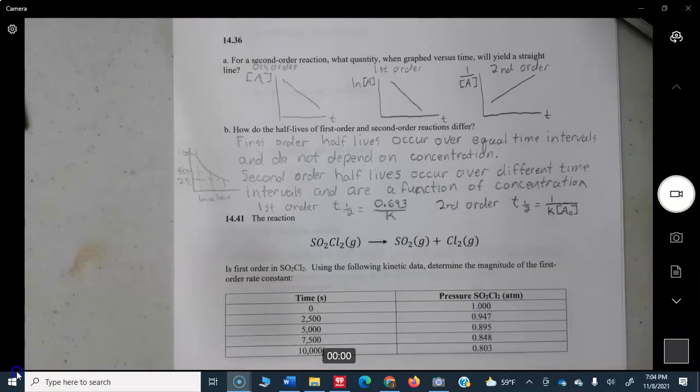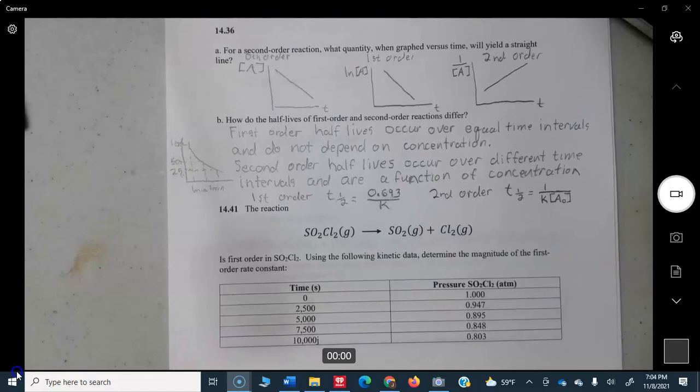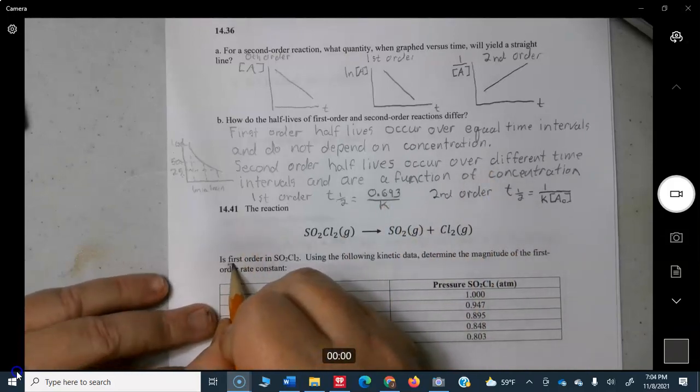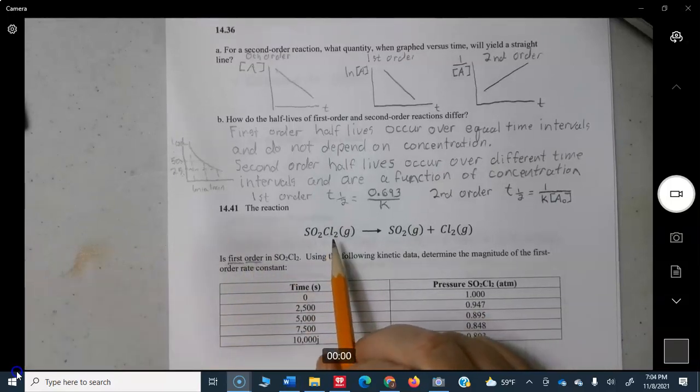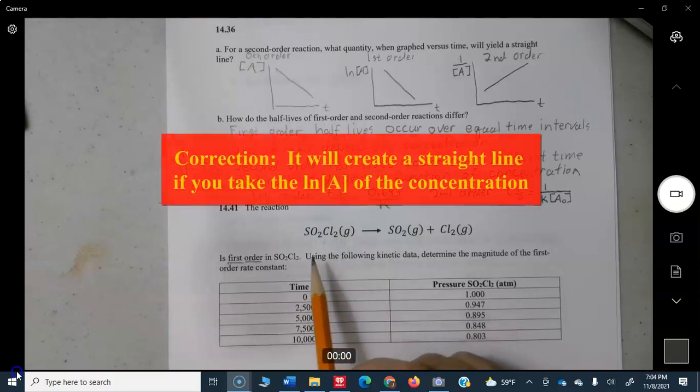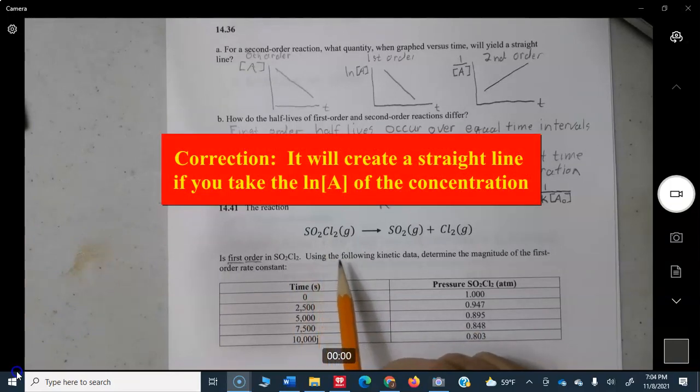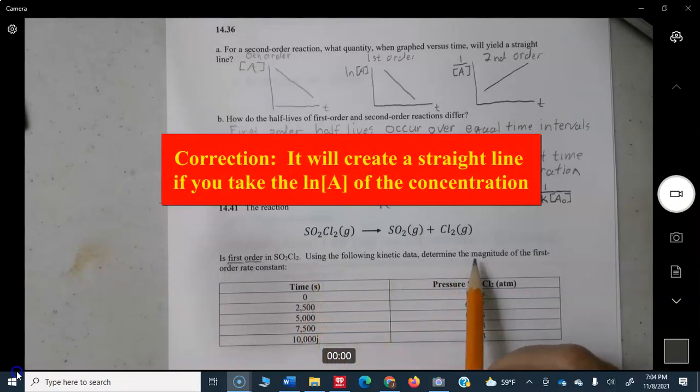Okay, so let's move on. 14.41. It says this reaction is first order, so that's a key. So you know what's going to create a straight line is if you take the natural log of the pressure. Using the following kinetic data, determine the magnitude of the first order rate constant.